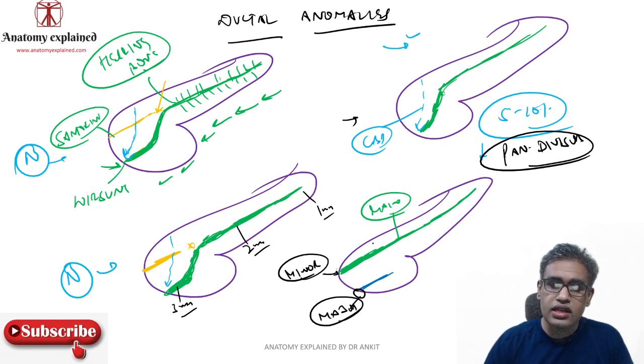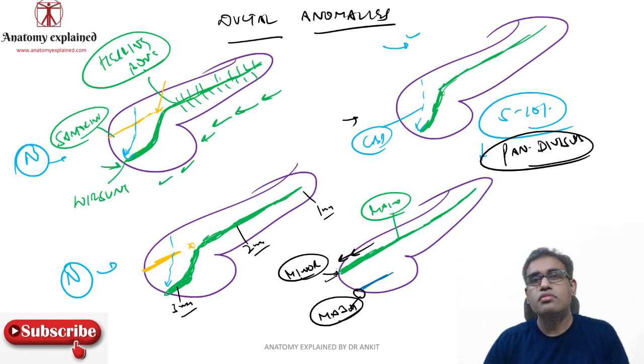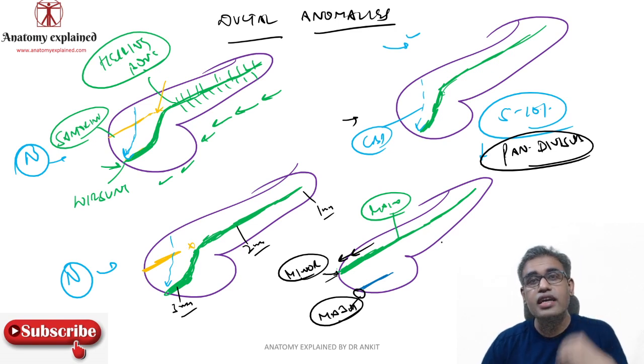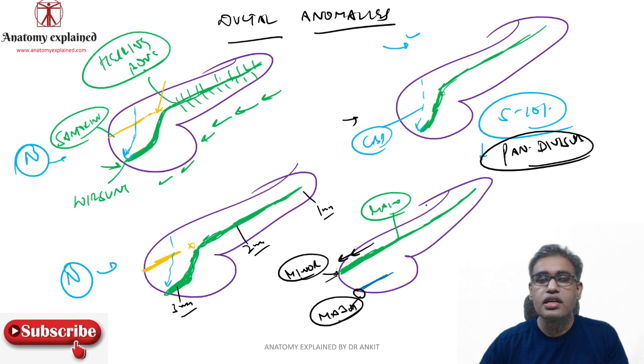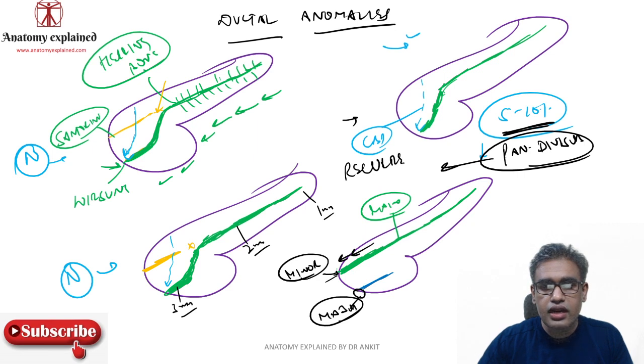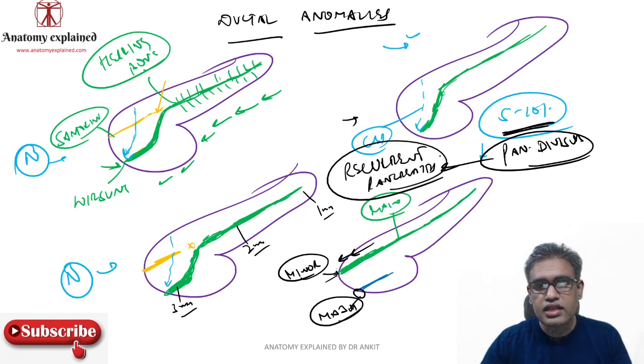Through the minor hole a lot of secretions are coming, but it is not capable of taking out that much secretion. So most of the time, the pancreatic secretions will not be totally drained into the duodenum. Pancreas divisum, present in 5 to 10% of individuals, is one of the reasons for recurrent pancreatitis, because the secretions of the pancreas are not totally drained.